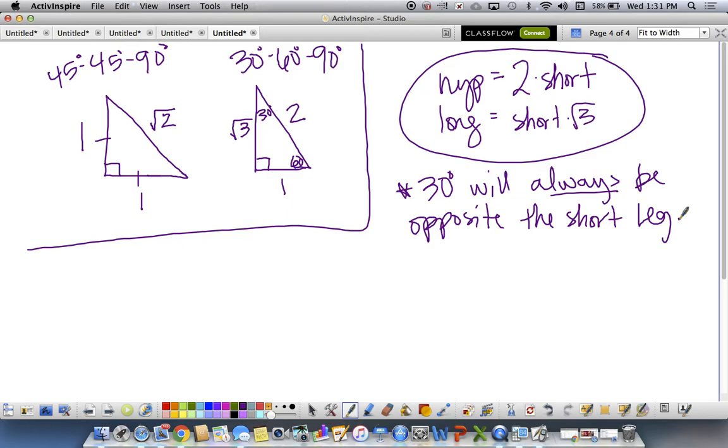I have this really bad habit of drawing 30 degrees at the top every time. It will not always be drawn there, but you always know opposite it has to be the short leg.